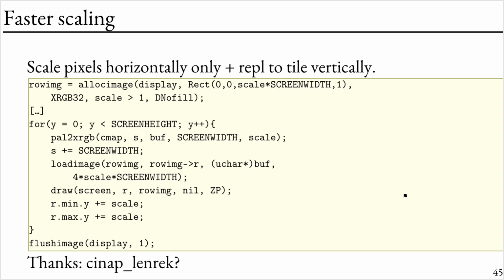So we draw one scan line at a time over a rect that is as big as the scale. So for instance, 4 scan lines for 4 times scale, and then draw just reuses this one scan line and replicates it 4 times. And this is way faster than doing this manually and uploading a huge image.